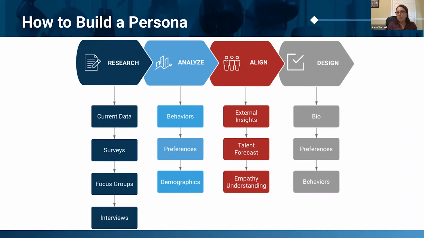Focus groups and interviews help you bring life to the data that you get out of the survey, or the data that you get externally about the general demographics of the people in the career paths that you're looking at. Focus groups and interviews. So focus groups, we usually recommend about 6 to 8 people max in a focus group, an opportunity to dig in, because you're gathering information here in these surveys and through these additional means on who these people are from a career standpoint.